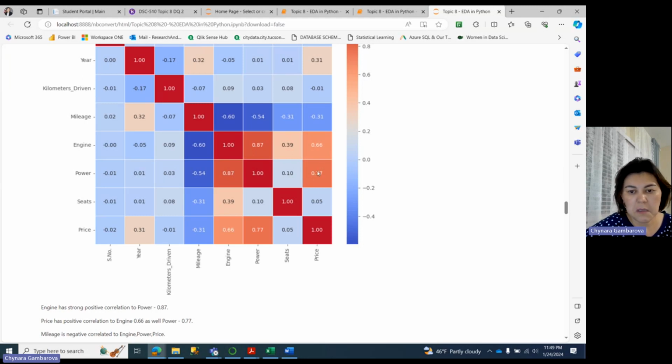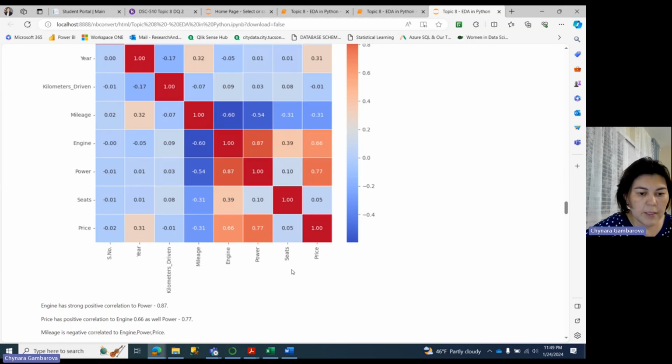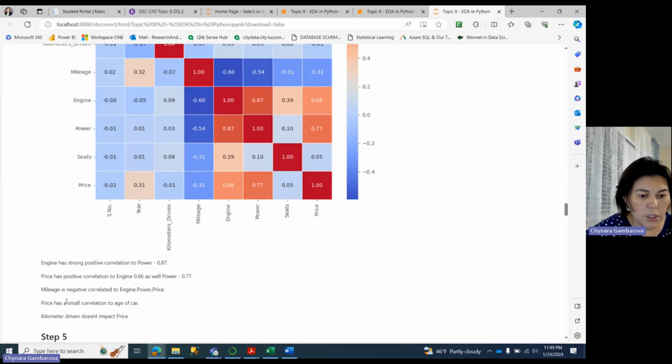Power and price, I would say, is the highest correlation of the price. And mileage has negative correlation with engine and power. And price has very small correlation with year, and kilometers driven doesn't impact price.